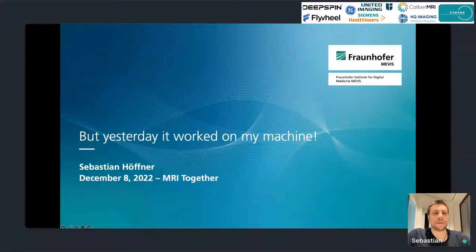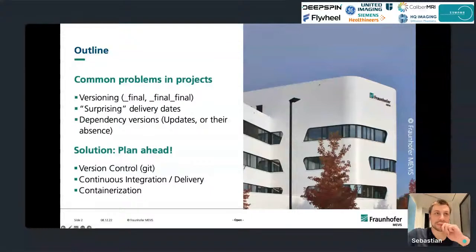So yeah, yesterday it worked on my machine. That's my topic for today. And we will discuss some common problems in projects you might have encountered in the past or you might encounter in the future. One of the biggest problems is versioning. I think you all have seen these, like, oh, this is my final draft, or this is my final draft, and these kinds of files.